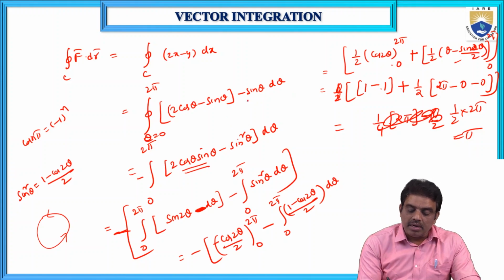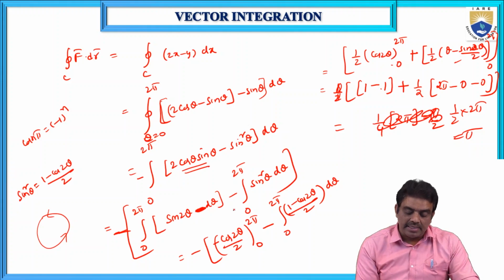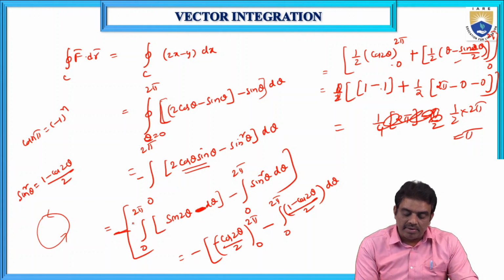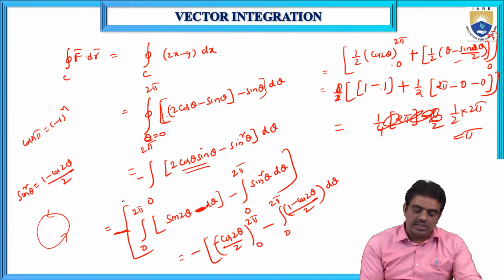On writing the minus sign outside, theta d theta. So 2 cos theta sin theta minus sin square theta d theta. 2 cos theta sin theta is replaced by sin 2 theta d theta, minus integral 0 to 2 pi sin square theta d theta. Already one minus term is there. 2 cos theta sin theta minus of minus plus sin square theta. On taking out the minus sign, you will get minus sin square theta.